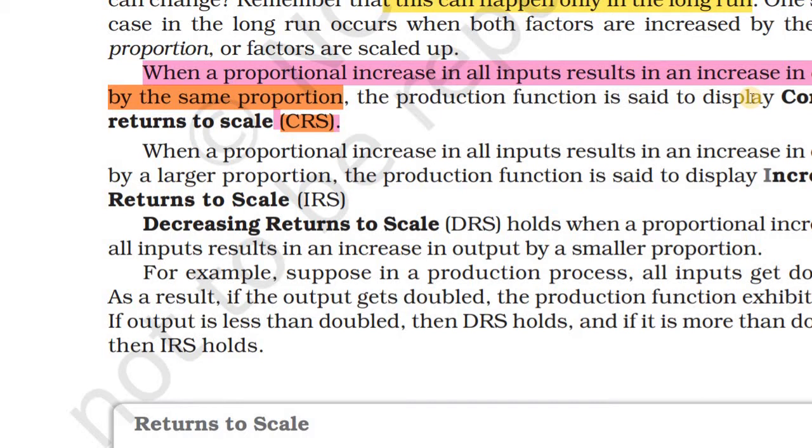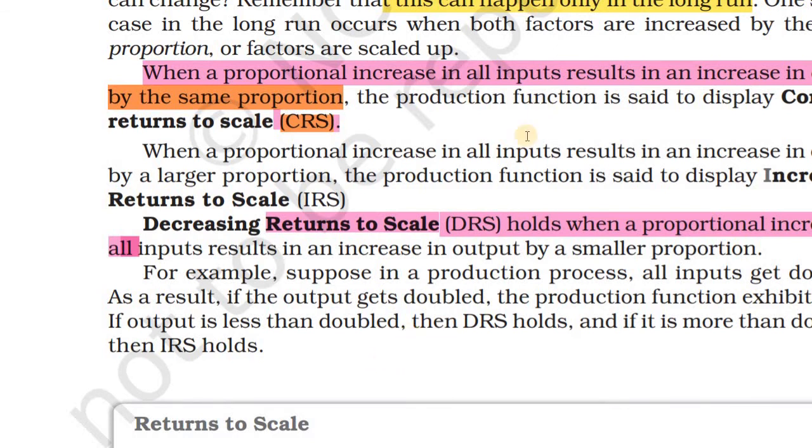We gave 5%, we got only 2% increase in output, then we can call it decreasing return to scale. Okay, then what is decreasing return to scale? When a proportional increase in all inputs results in an increase in output by a smaller proportion, then we can call it decreasing return to scale.